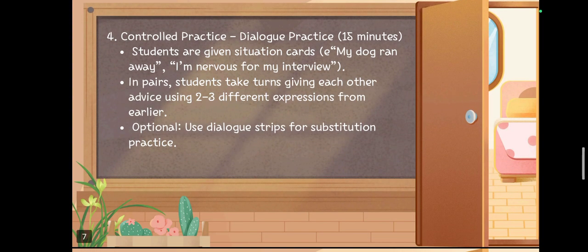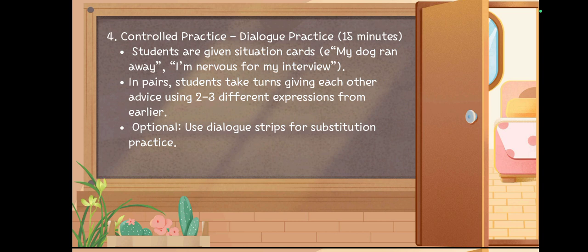Let's move on to the next one, shall we? It is the fourth activity, and it is a controlled dialogue practice for 15 minutes. It is an activity where students are given situation cards like "my dog ran away" or "I'm nervous for my interview." In pairs, students take turns giving each other advice using 2 or 3 different expressions from earlier.